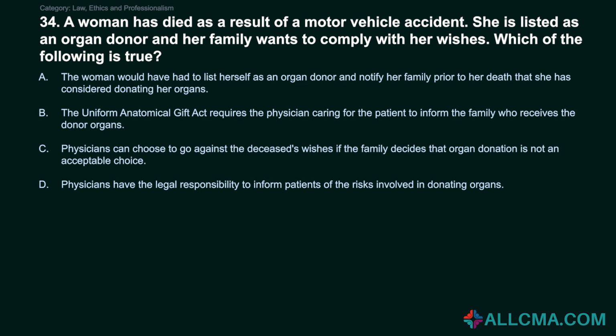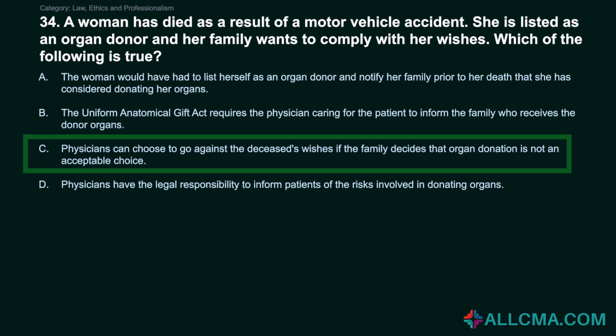C. Physicians can choose to go against the deceased's wishes if the family decides that organ donation is not an acceptable choice. D. Physicians have the legal responsibility to inform patients of the risks involved in donating organs. Correct answer: C. Physicians can choose to go against the deceased's wishes if the family decides that organ donation is not an acceptable choice.